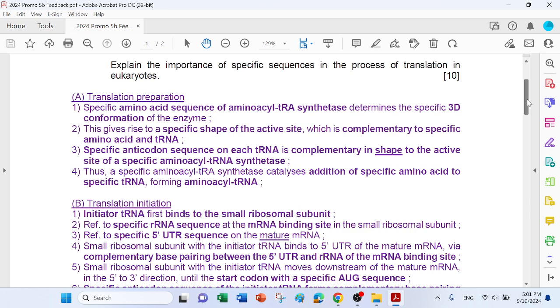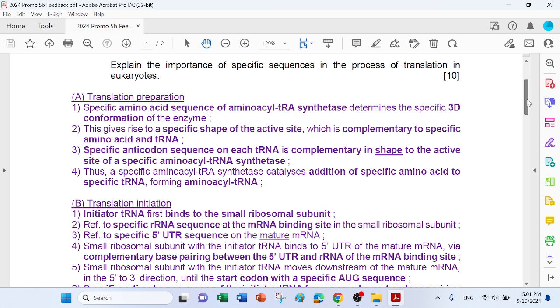That's where point 3 comes in, right? The specific anticodon sequence gives rise to a different shape of the anticodon of the tRNA, which is recognized by a specific aminoacyl tRNA synthetase through its active site. So with that, a particular aminoacyl tRNA synthetase can bind to a particular amino acid and a particular tRNA and join the amino acid to the correct tRNA, forming the specific aminoacyl tRNA.